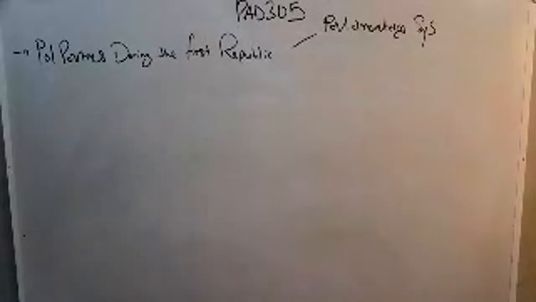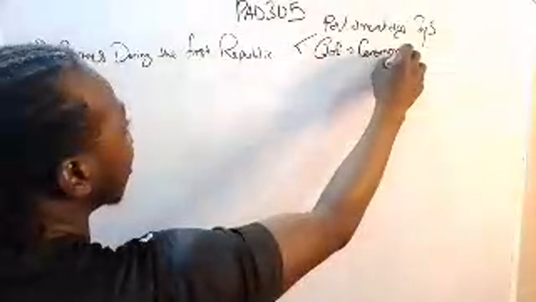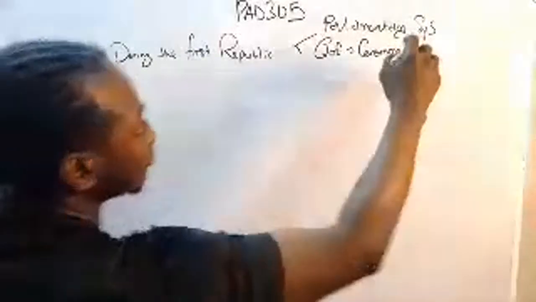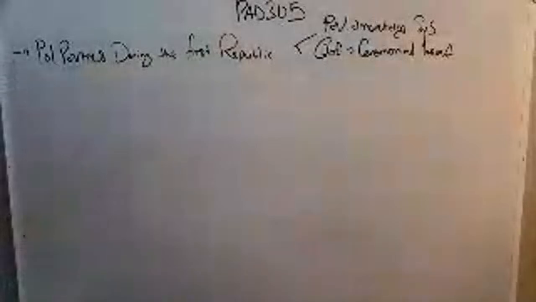Here, the Queen of England was the ceremonial head. Now, where one individual is both the ceremonial head and the head of state, it is no longer a parliamentary system. What we are functioning on now is more of the presidential system of government.